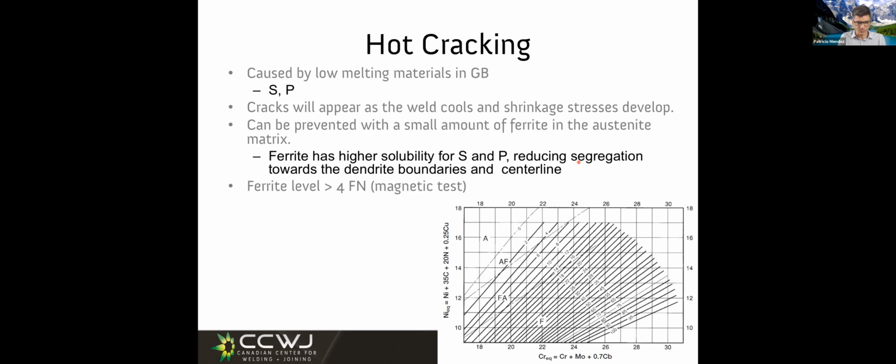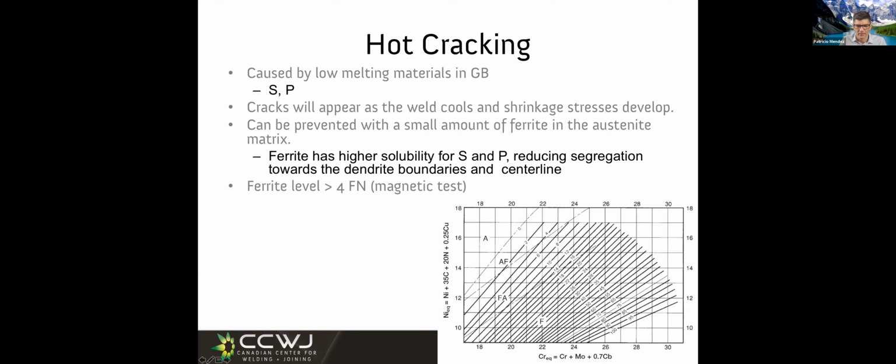This aims to address this issue: let's have some ferrite suck up all the sulfur and phosphorus, such that we don't have a low temperature eutectic causing hot cracking.